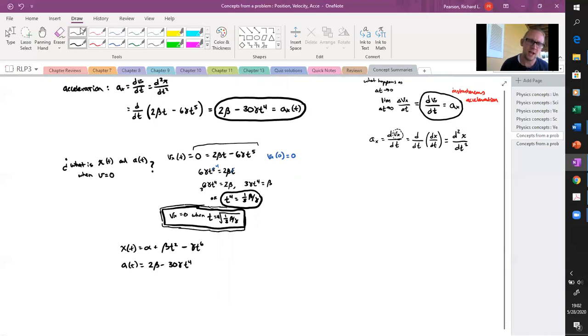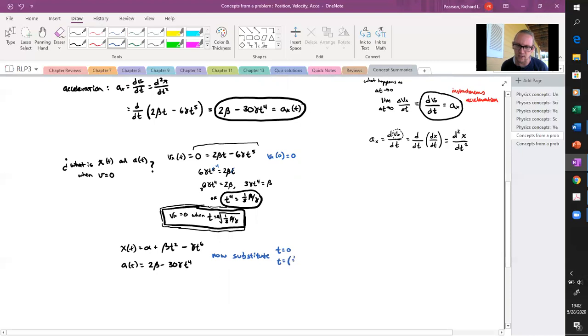Okay, so now we're going to substitute for t equals 0 and t equals, I'm going to do this in exponent form, or with the power here. So this to the 1/4, which is the equivalent to the 4th root of.